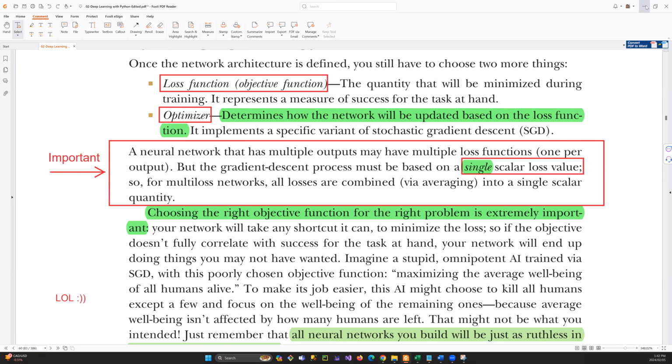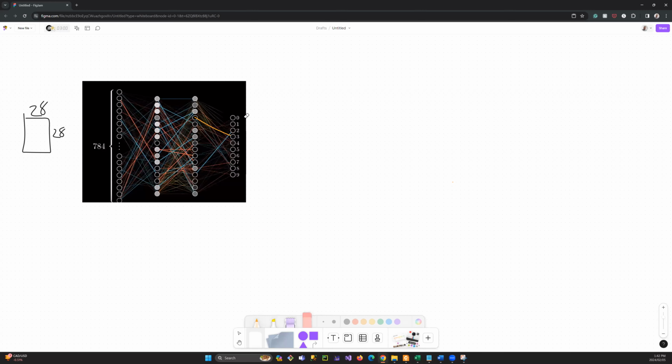So whenever we want to decrease the loss, can you see that we have a loss function here, we have all the loss functions for all of these, and we calculate the loss score. Let's just say that this is going to provide loss function 0 for us all the way to loss function 9.